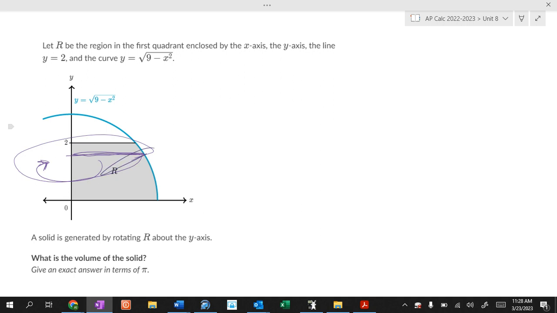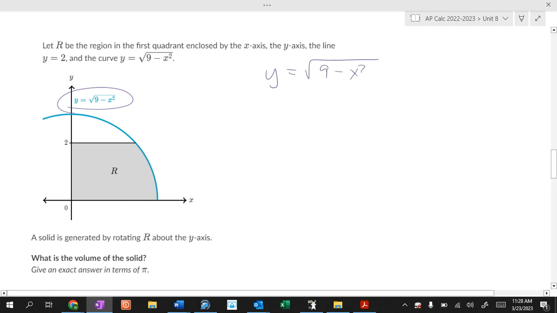The problem with going around the y-axis instead of the x-axis is that the equation is solved in terms of y, and we need it solved in terms of x. So what do I do? Well, this is actually really simple.